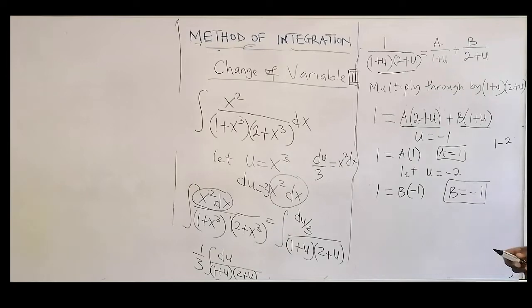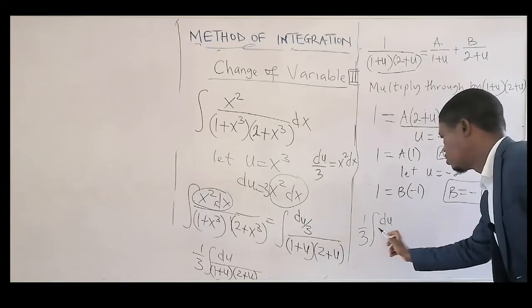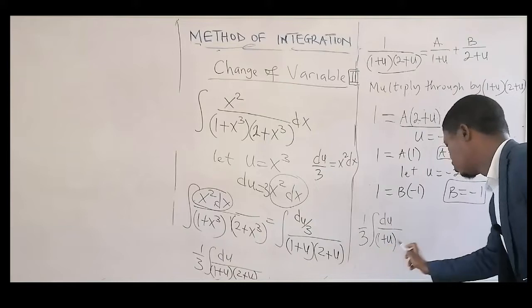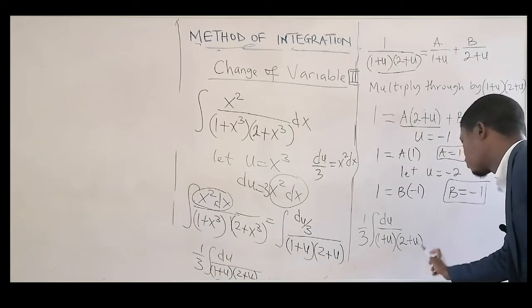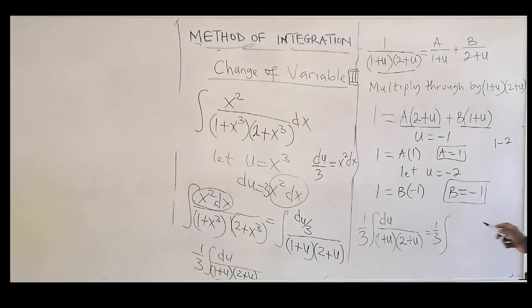So on the final analysis, we can go back to where we stopped here, which is 1 over 3 of the integral of du over (1 plus u) times (2 plus u), equal to 1 over 3 integral of, our a is 1 over 1 plus u, plus our b is minus 1 over 2 plus u.